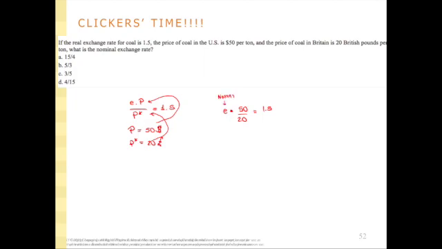So the nominal exchange rate is equal to 2/5 of 1.5, and the solution is 3.5.